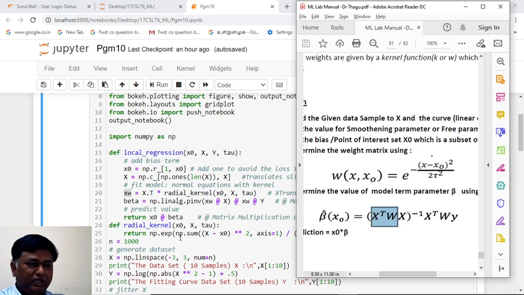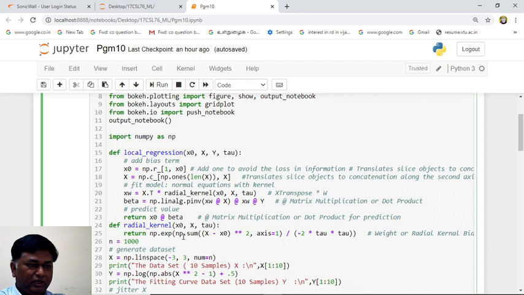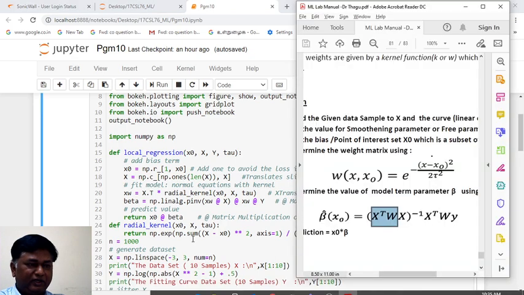You see e power of, here is the formula: e power of minus x minus x naught whole square divided by 2 tau square. So that formula is given in this function.